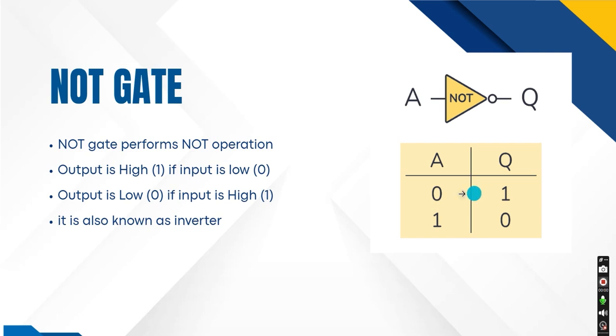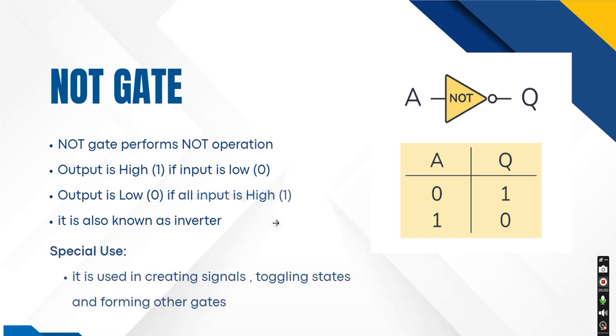Looking at these two conditions, if A is 0, that is input A is low, we expect the output to be inverted. So A is 0, this is inverted, and the output is 1. A is 1 is inverted, and the output is 0. You can see that the NOT gate is also known as an inverter.